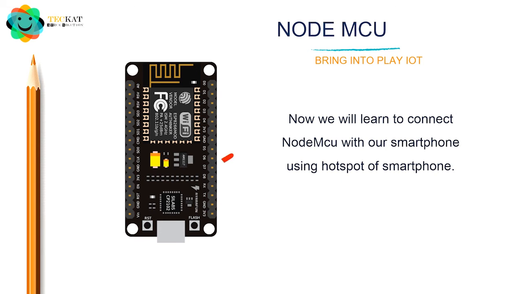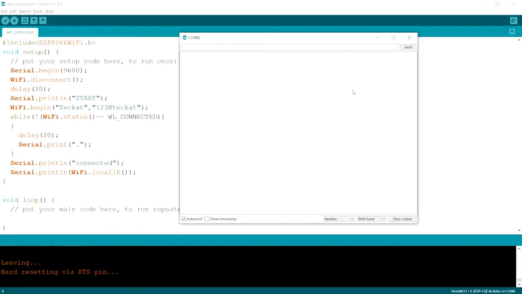You will find the reset button in the lower corner of the NodeMCU board. You just need to open your serial monitor and press that reset button.